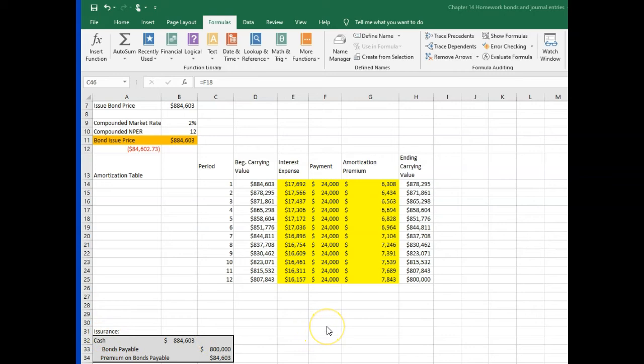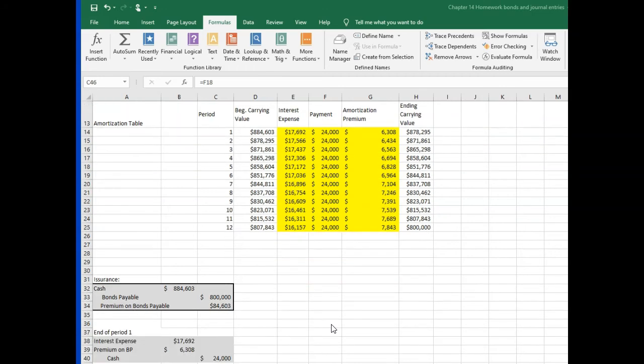All right, so let's move forward. The next journal entry is the first payment. What happens at the end of period 1? We have to mail out checks, $24,000 worth of checks. So how are we going to record that? This is how. Interest expense, I'm going to take it directly from my amortization table. It is right here, and I'm going to just then put it in this cell.